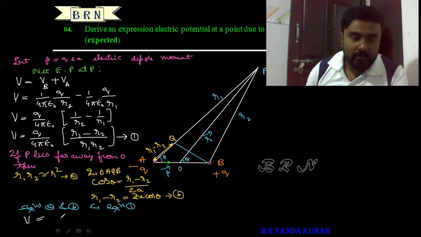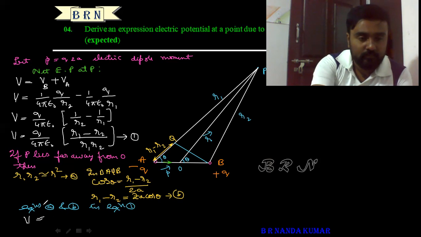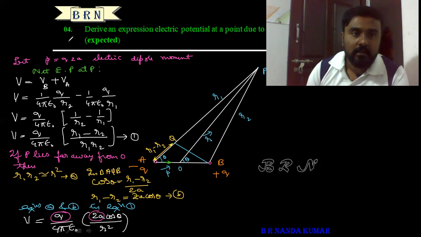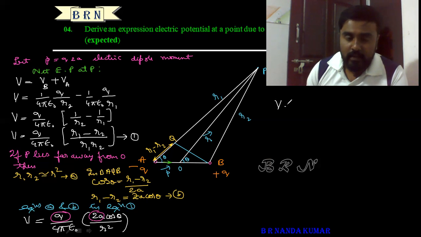Then V equals Q divided by 4 pi epsilon naught, R1 minus R2 which is 2A cos theta, divided by R1 into R2 which is R square. But Q into 2A is the electric dipole moment P. So V equals 1 divided by 4 pi epsilon naught, P cos theta divided by R square.